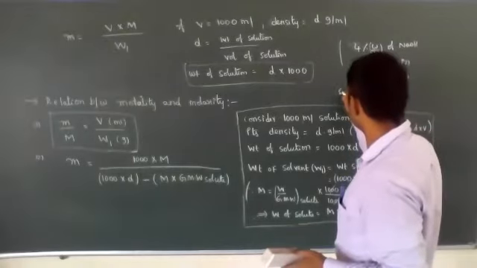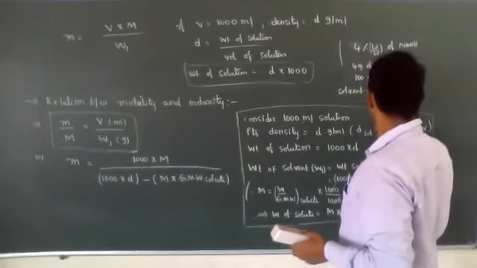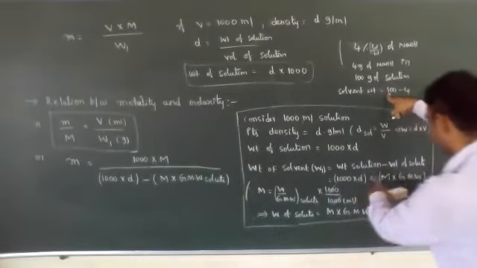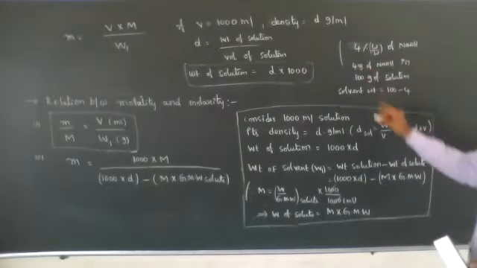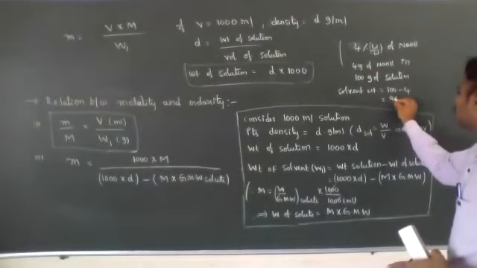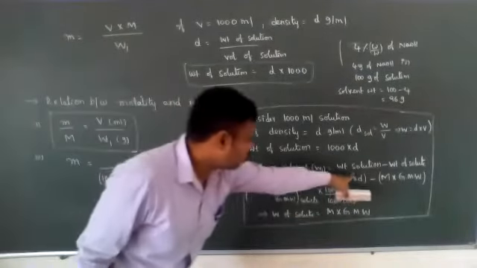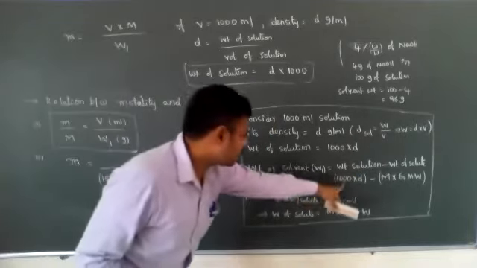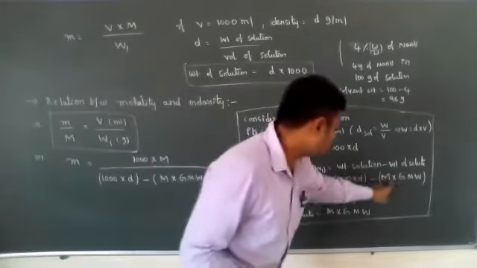So solvent weight is equal to 100 minus 4, which is 96. So W1 is nothing but weight of solution minus weight of solute. Weight of solution we already know is 1000 into density. Weight of solute we still want.